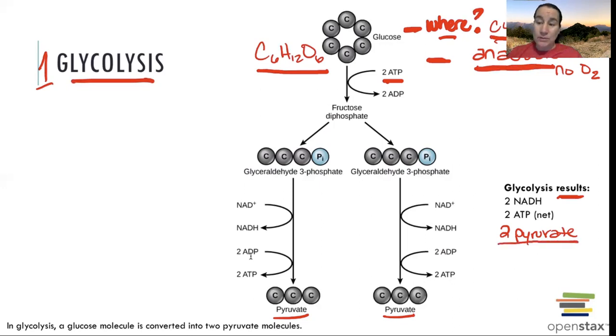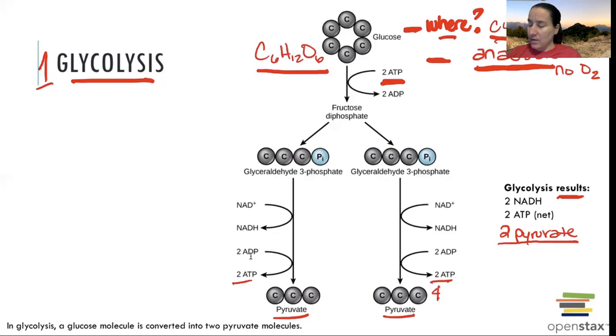I do want you to keep track of the number of ATPs. That's one of the few things I'm going to ask you to keep track of on each and every step. So 2 ATPs went in, and we end up producing a total of 2 here and 2 here. So we produce a total of 4.